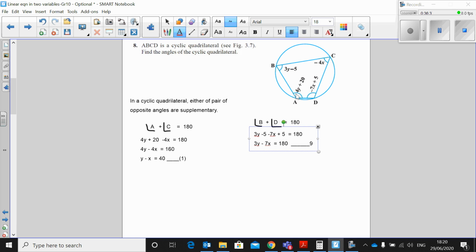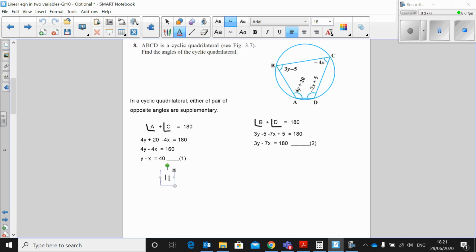Let us look into equations 1 and 2. How can we eliminate? Equation 1 is y minus x. Either you can substitute y is equal to 40 plus x here and then simplify, or you can do the elimination method. Both ways we can do. Let us start the elimination method. You can just multiply throughout equation 1 by 3.